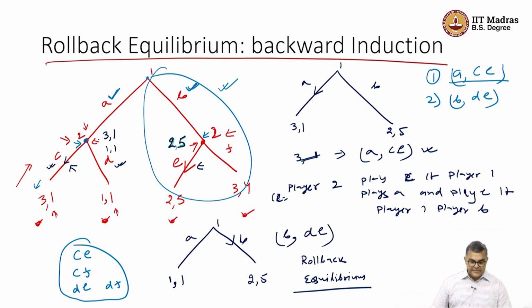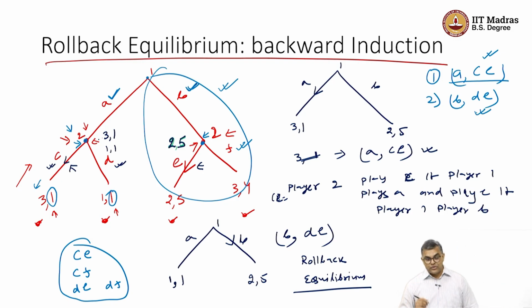That player 1 believes that, given a chance to play at this node, player 2 is going to pick C and player 2 is going to pick E. CE is rational for player 2. Player 2 will never play F here. Why? Because E gives more than F, 5 is more than 4, but that same thing cannot be said here, both are equal, and therefore CE is rational behavior from player 2 and so is DE.